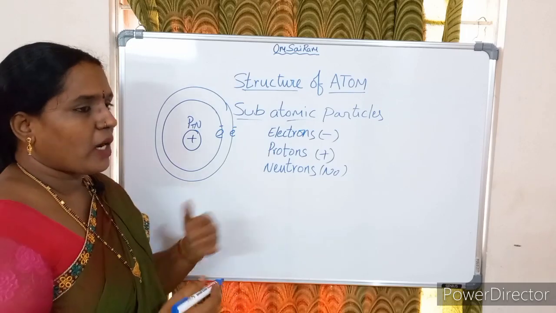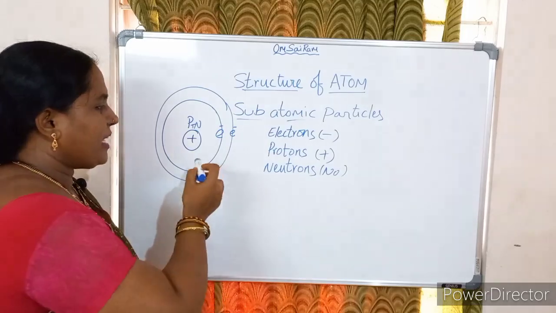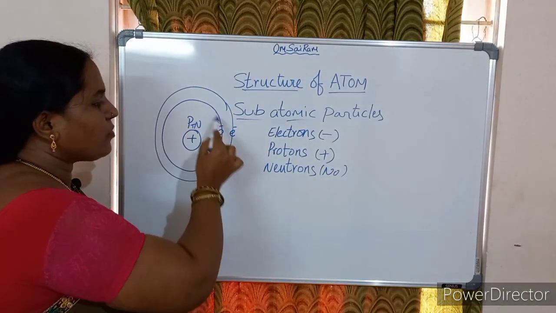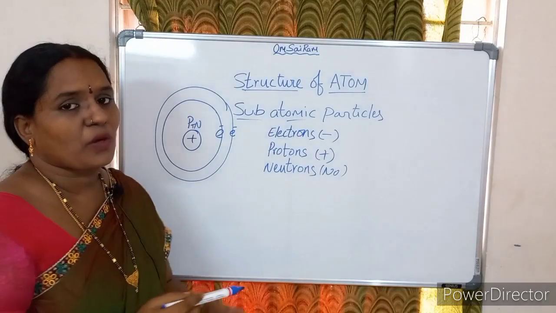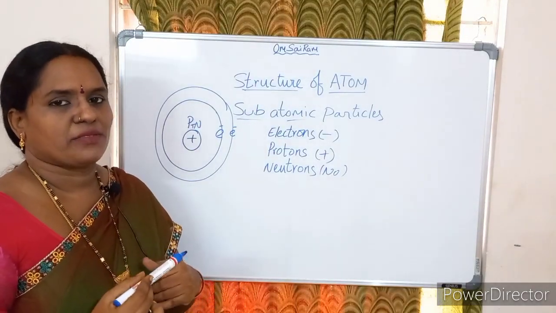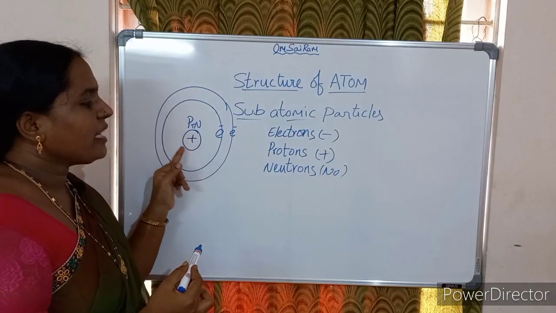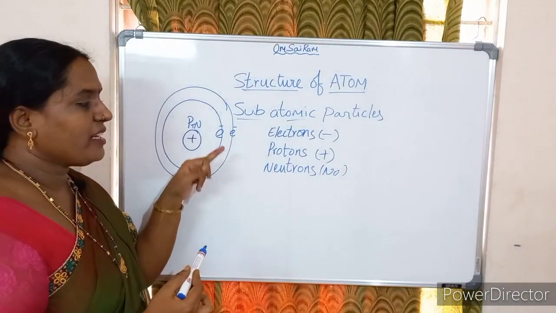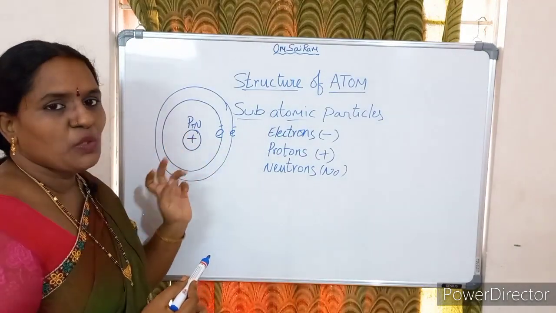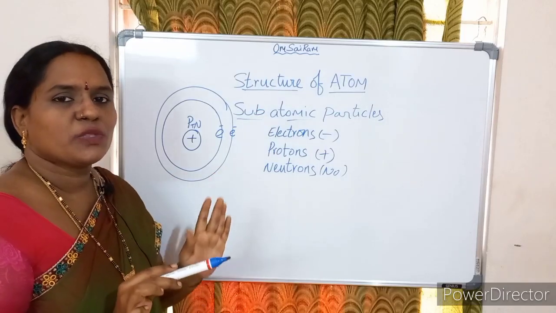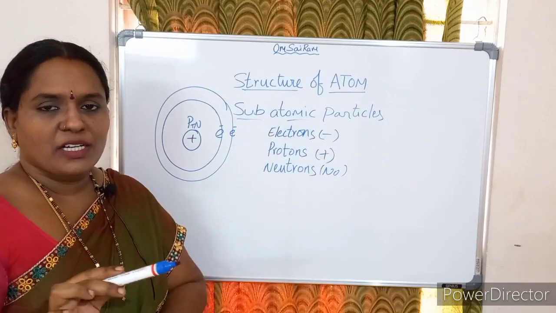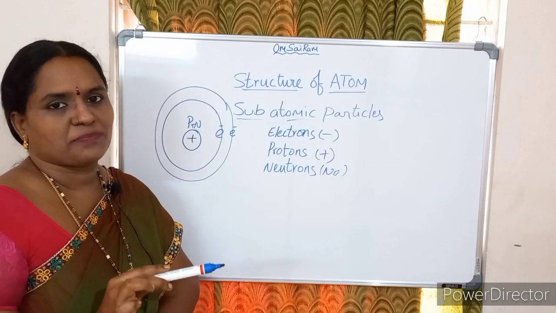What happens according to classical physics? Any charged particle, when it revolves continuously in a particular orbit, loses energy. When it loses energy, it will be attracted by the opposite charge, and finally the electron may fall into the nucleus, and it leads to the collapse of the atom.